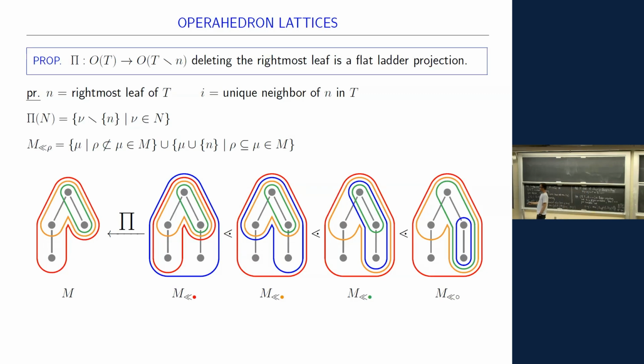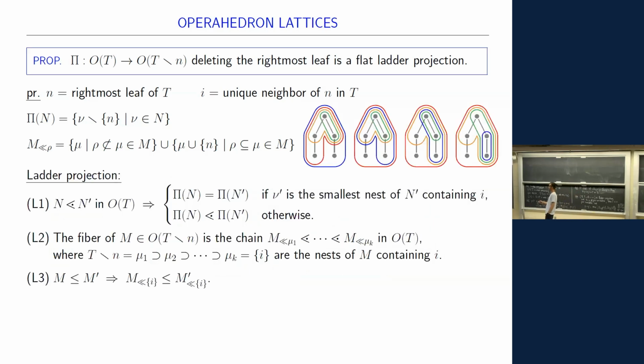You start from a nesting M of T minus n, and you want to take one of these nests that contain i and blow it up. So you have to choose one of these nests and blow it up, and it forms a chain because the nests containing a given vertex are nested. So it forms a chain, and this is the reason why it's a ladder projection.